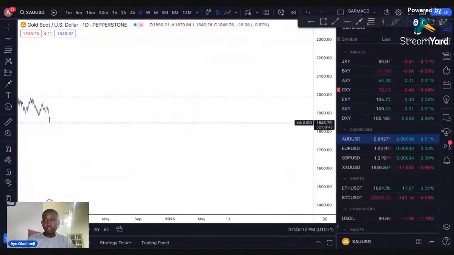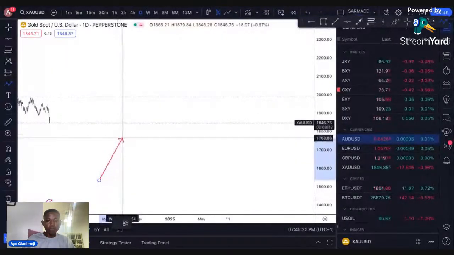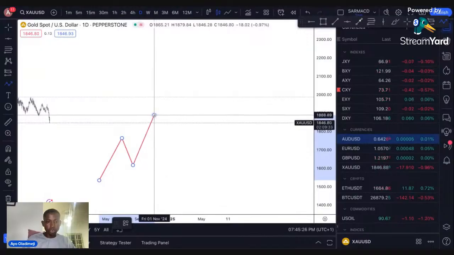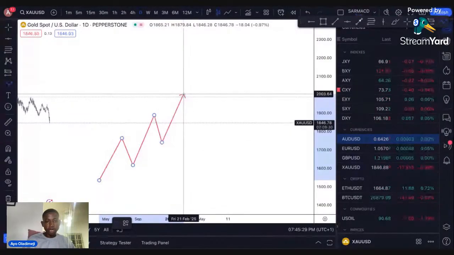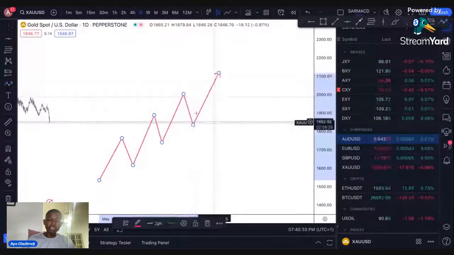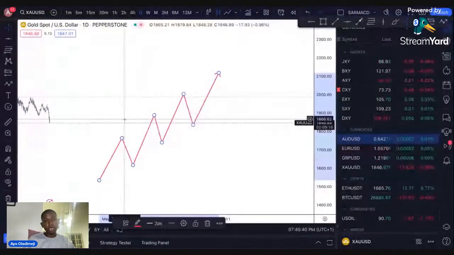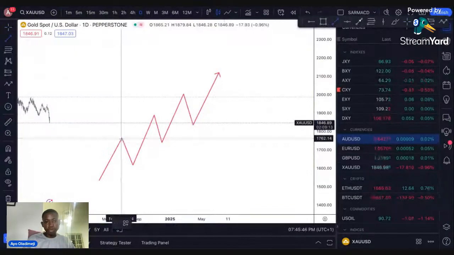But let's talk a little more about the direction of price. For an uptrend to be established, your price is moving from a higher high to a higher low, higher high to higher low. What you will see consistently is that price keeps breaking the high.